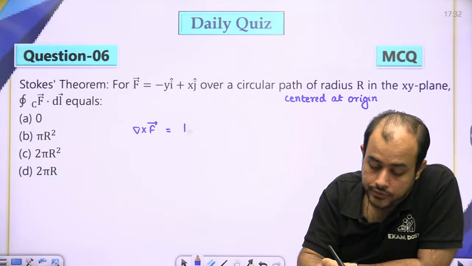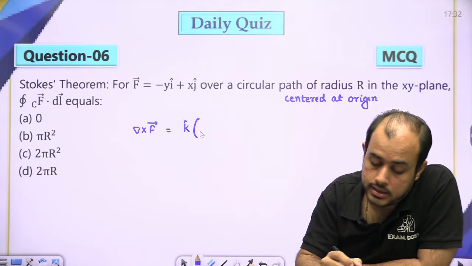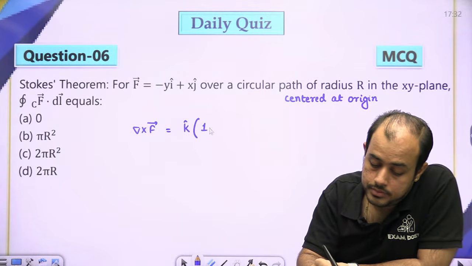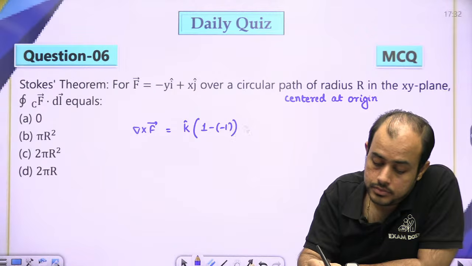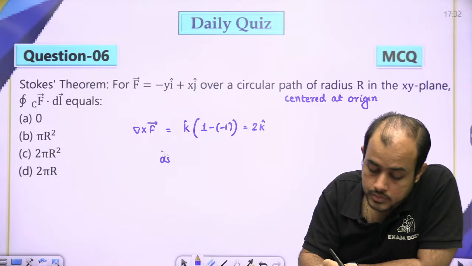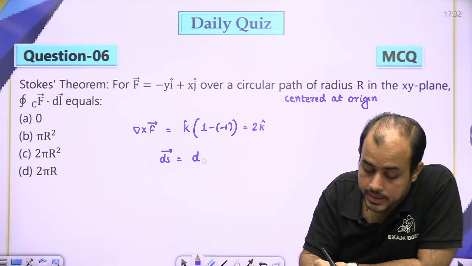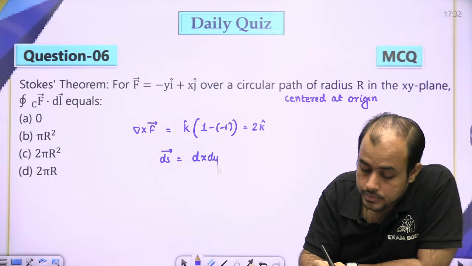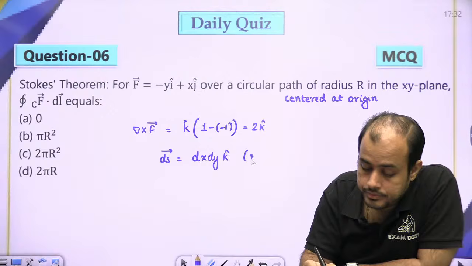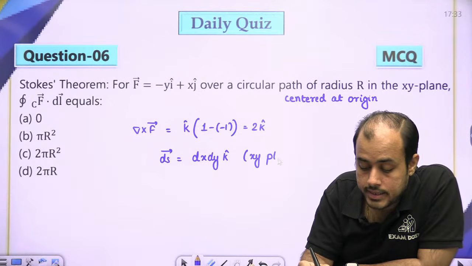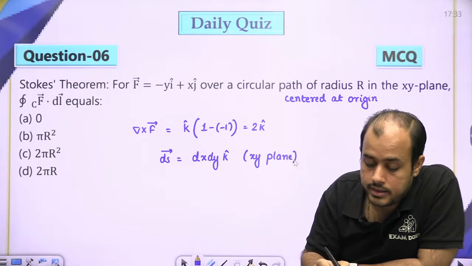Curl of f, if you go by the determinant method. The circle is in the xy plane, so ds vector will be dx dy k cap.